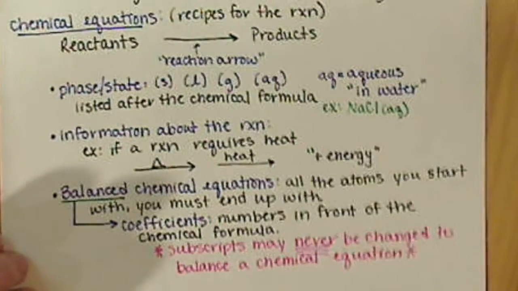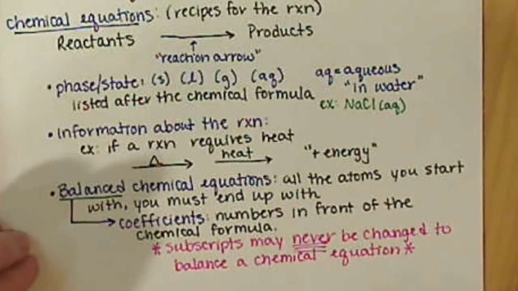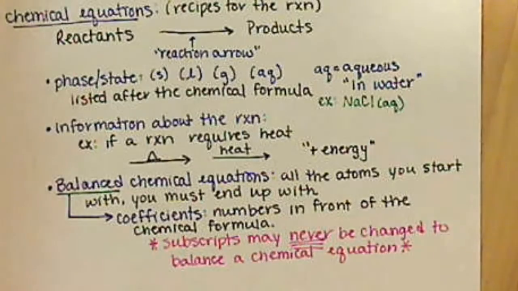Now, that's not to say that we can't change the subscripts. Okay, when we're doing a chemical equation, the whole goal is to change the subscripts so that we can change our substance. Okay, so from the left-hand side versus the right-hand side, the subscripts can change and most often do.